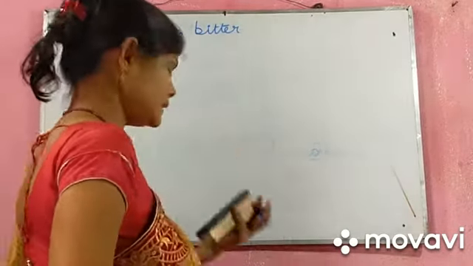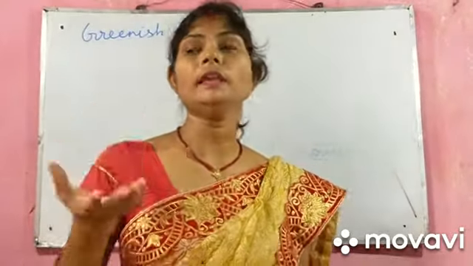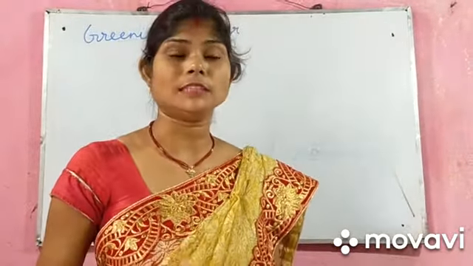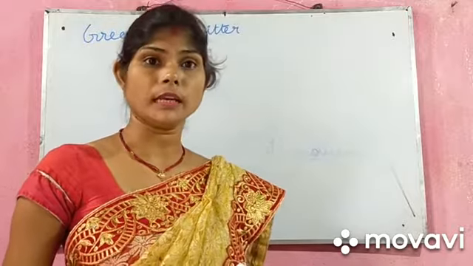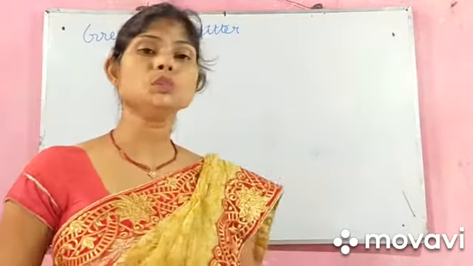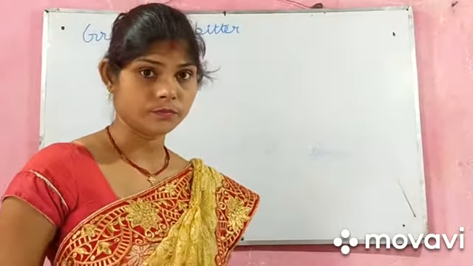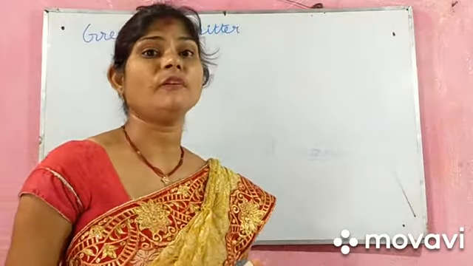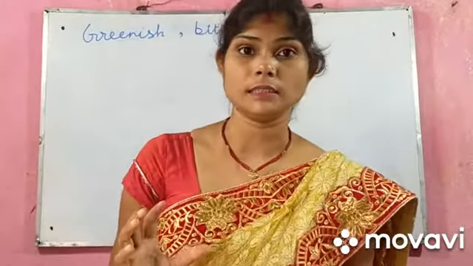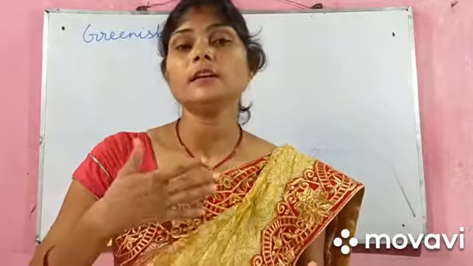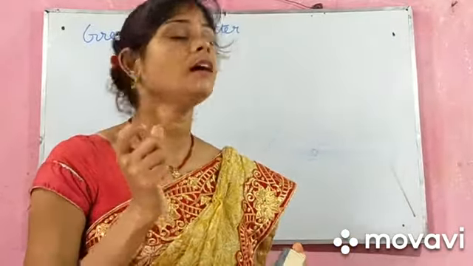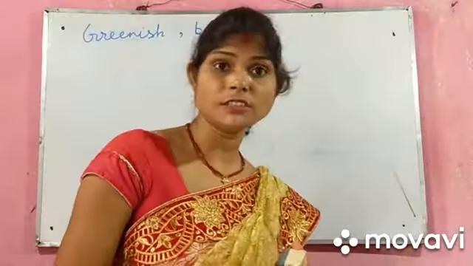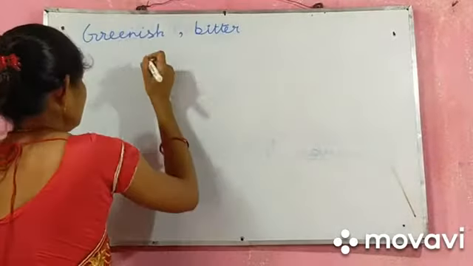What happens in this type of vomiting? When we eat a huge amount of fats, the bile juice secreted from the liver mixes with the fat and makes it poisonous. So when we vomit, the vomit is green in color and bitter in taste, hence known as liverish.